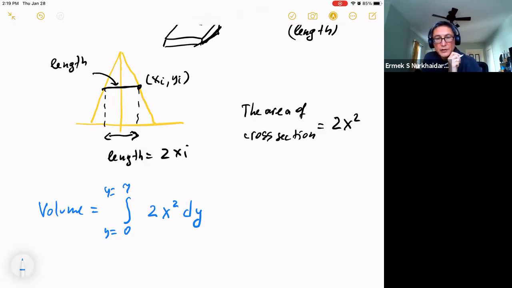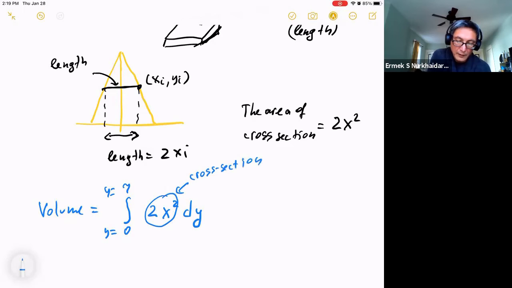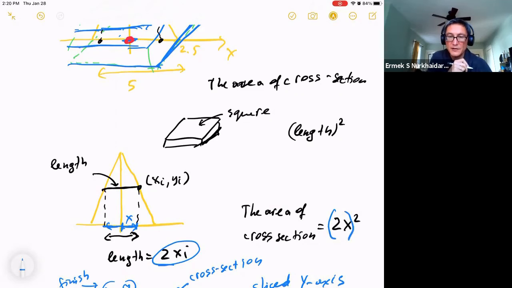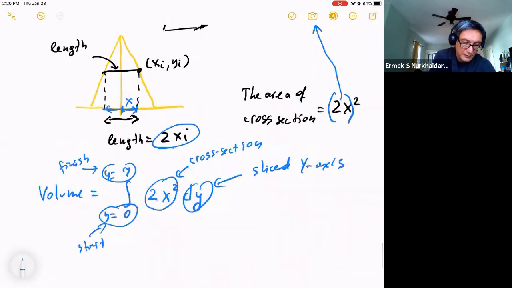We basically set up our integral, and that's the area of cross section, dy because we sliced along the y-axis. y equals 0 is where we start, y equals 7 is where we finish. Put 2x in parentheses, right? Because now I have to put length squared, and length is 2x, so I should have parentheses here. That's a good comment.